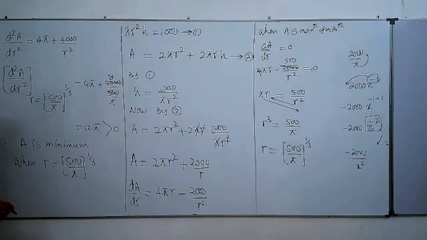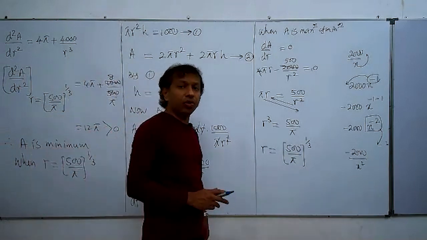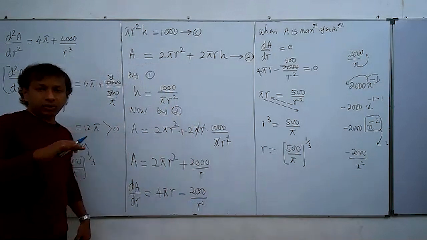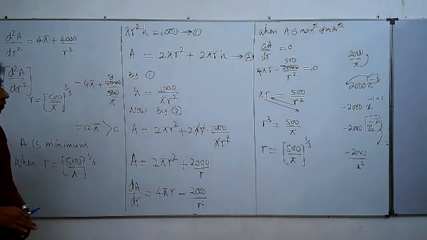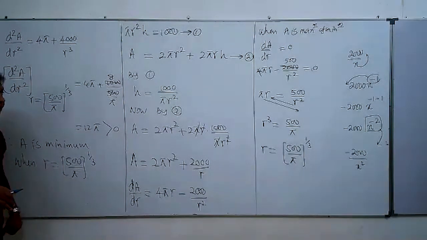When A is minimum, surface area is minimum, so the cost of production will also be minimum. Then, to minimize the cost of production of the can, the base radius of the can should be chosen at this value. Not only that, the height also we need.